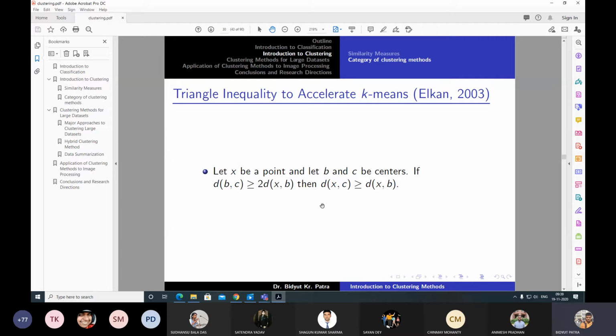This is the difference. In original k-means you are always computing the distance, and each distance computation, if it is d dimensional, will multiply with d. But if you use the accelerated k-means, only the 6 into d and then the rest are all comparisons. So if you take into consideration the dimension of the data, obviously this accelerated k-means will be much faster.